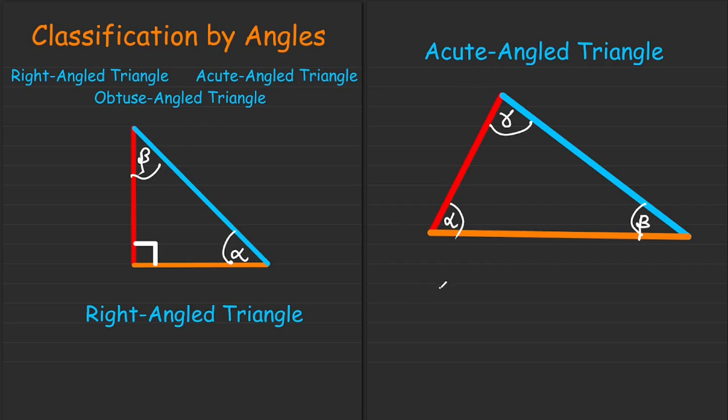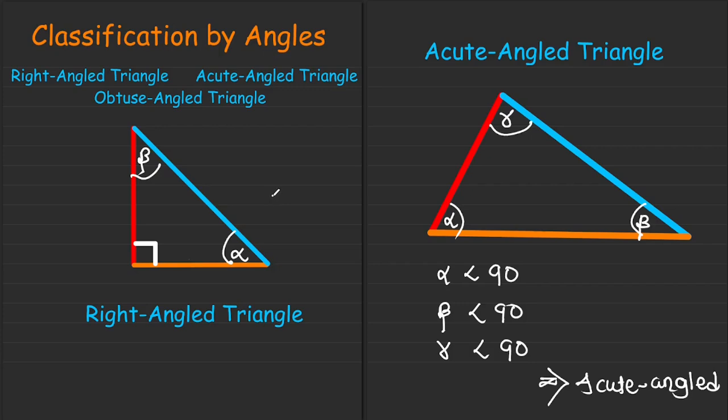Hence, we can say that if alpha is less than 90 degrees, and beta is less than 90 degrees, and your third angle, gamma, is also less than 90 degrees, then we mean the triangle is an acute angle triangle. That is just it. So take note of your angles. If they are all less than 90, definitely your triangle becomes an acute angle triangle.